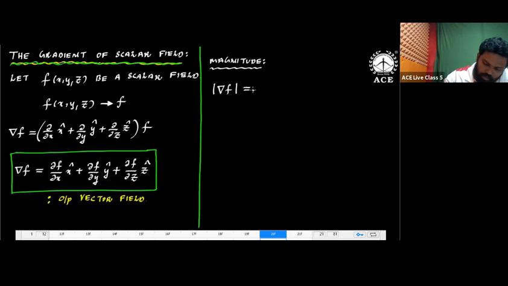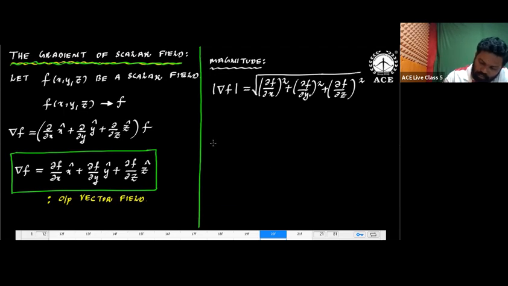Magnitude is equal to square root of (∂f/∂x)² plus (∂f/∂y)² plus (∂f/∂z)². And the other one is direction.